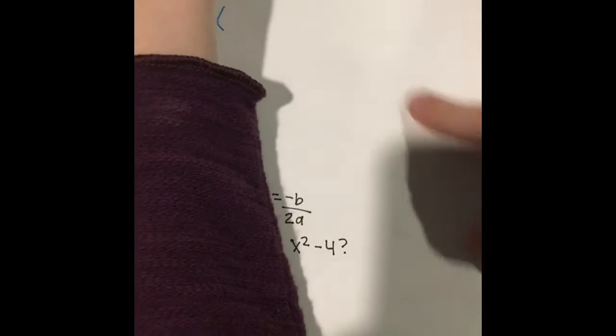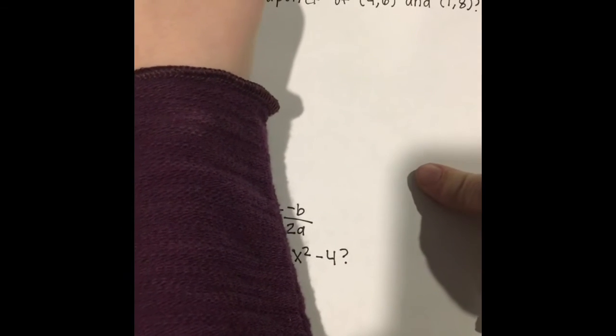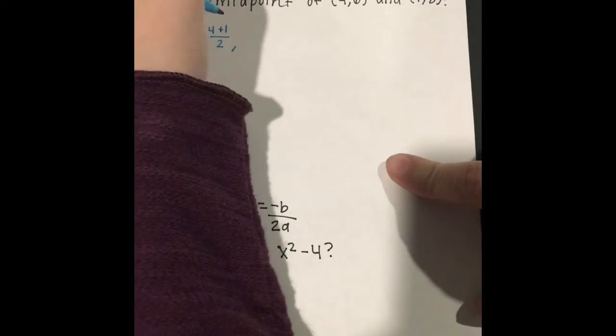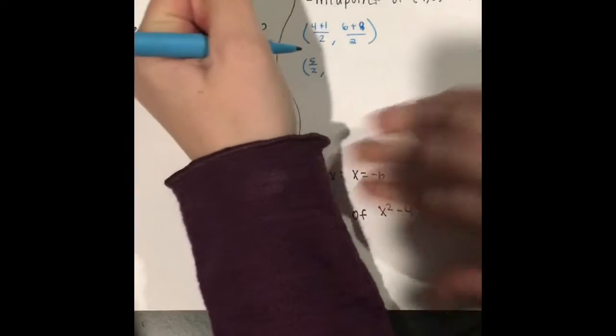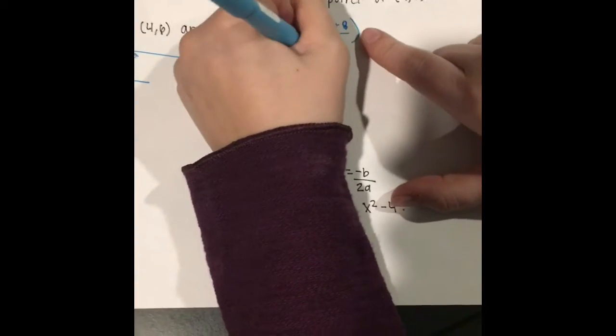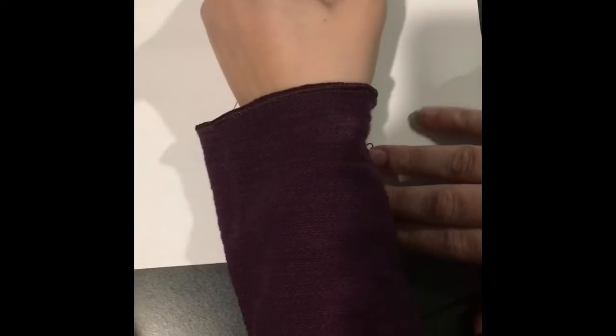So x is 4 plus 1 over 2, and then y is going to be 6 plus 8 over 2. All right, so your point is going to be 5/2 and 7.